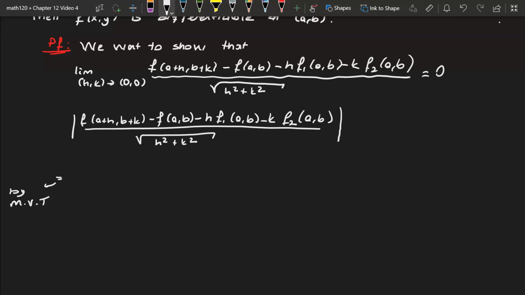Theorem tells us that f of a plus h, b plus k, minus f of ab is h times f1 of a plus delta 1 h, b plus k, plus k times f sub 2 of a, b plus delta 2 k.